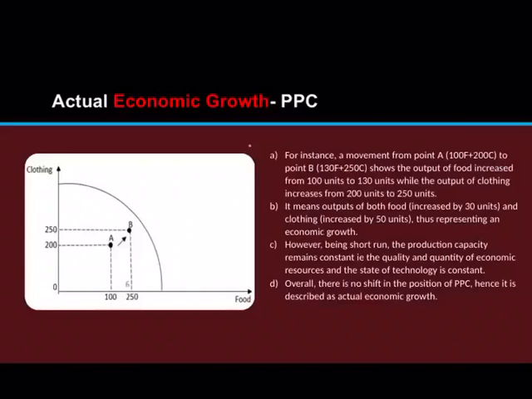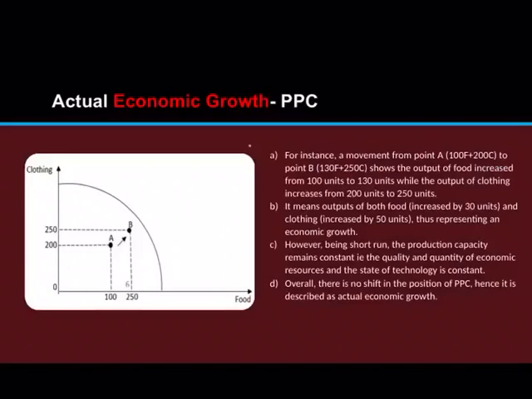That is the first thing that you should be able to understand. By looking at the diagram itself, you should be able to know that there is no increase in the economic resources, because we only have one PPC there, one line.